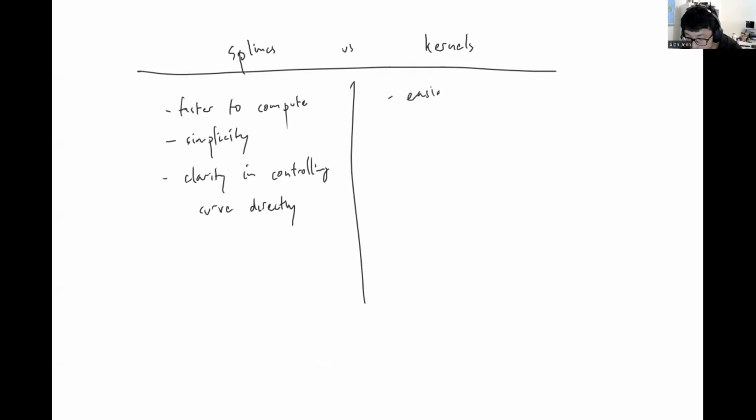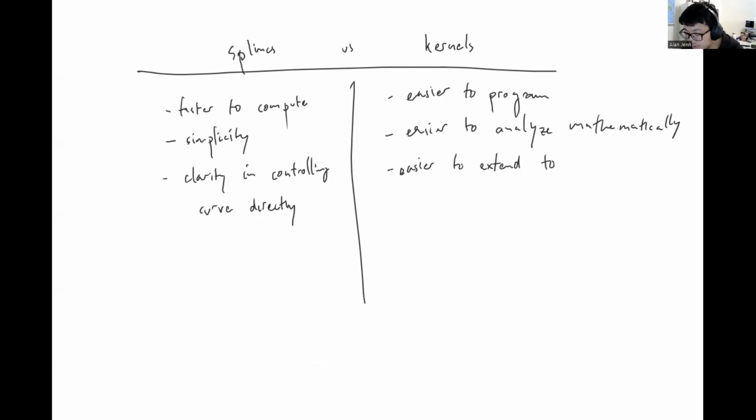Kernels are easier to program, easier to analyze mathematically if you need to do that. Easier to extend to multiple variables, and combinations of discrete or continuous variables is easier.